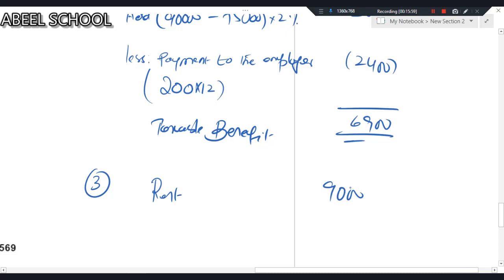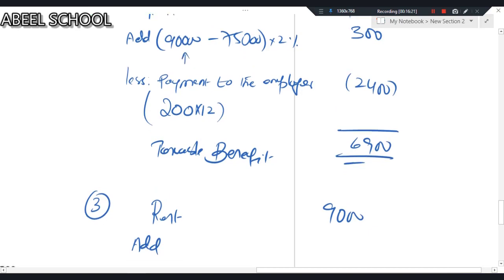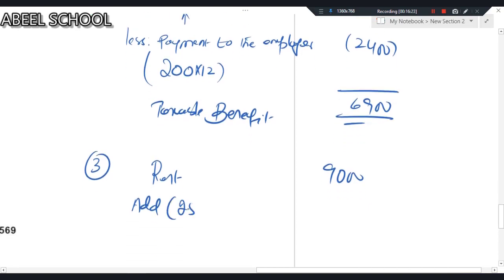Third, case 3, again the rent is 9,000. But since number 1, it is the purchase accommodation, and I did mention earlier also, if nothing is mentioned then it is a purchase accommodation. And before providing this accommodation to Mr. A, 7 years have passed, meaning more than 6 years have passed. In that case, the cost will be replaced with the market value. So instead of cost, which is 90,000, we'll take market value, which is 2,50,000, minus 75,000, which is fixed, into 2%.